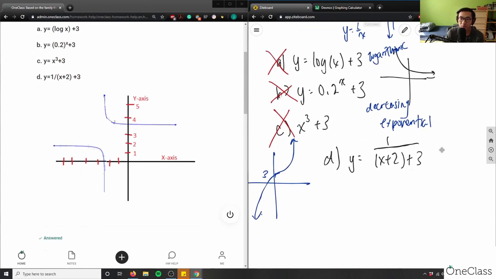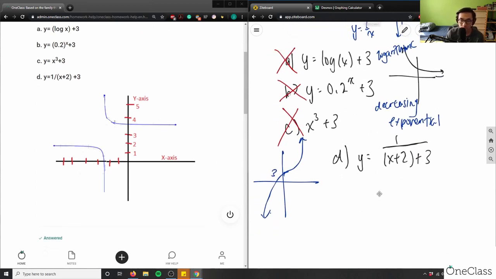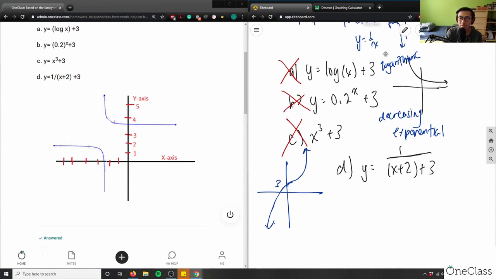And to prove that, I can solve for the asymptotes. Setting x to 0, I get y equals 5. Or sorry, that's my horizontal asymptote, and there would be another asymptote at x equals 2. So this is my only valid answer.